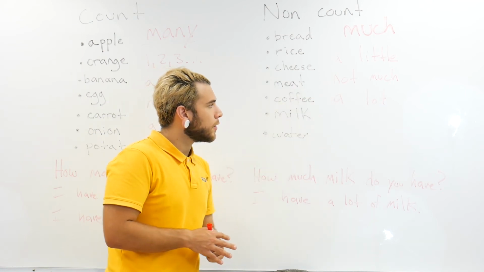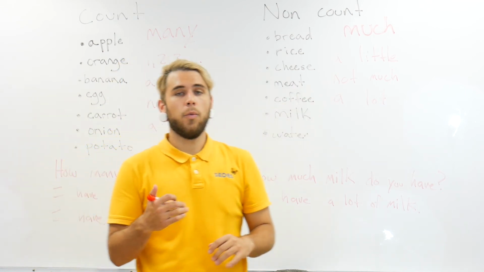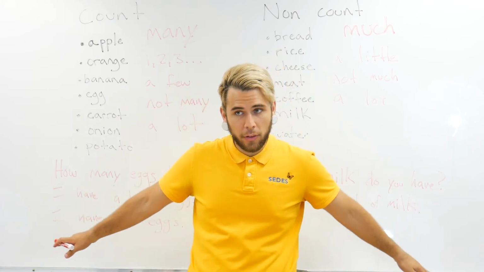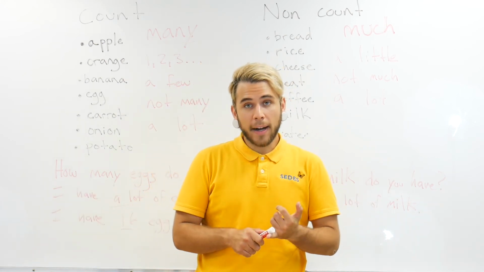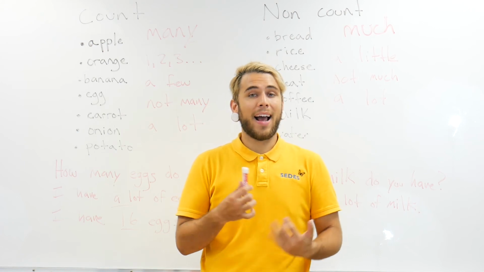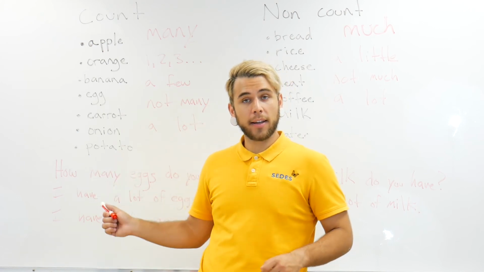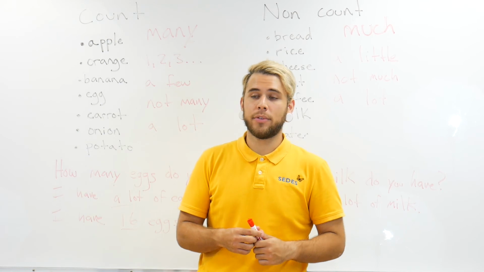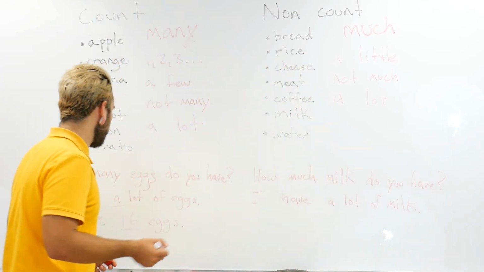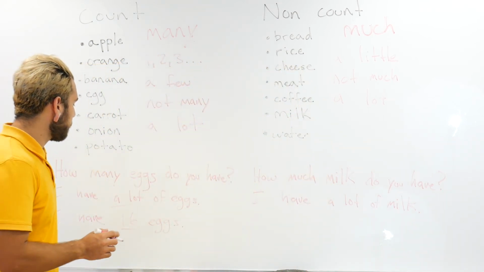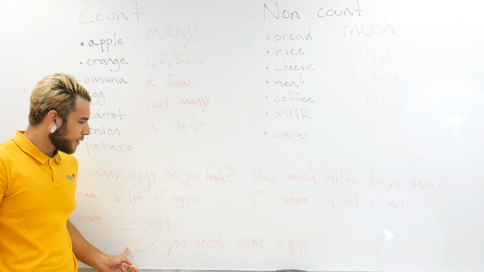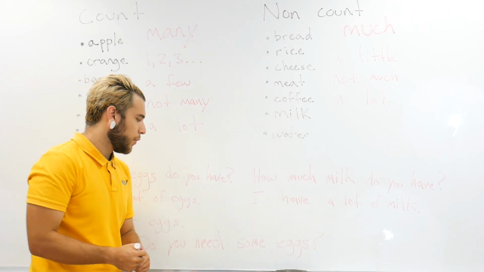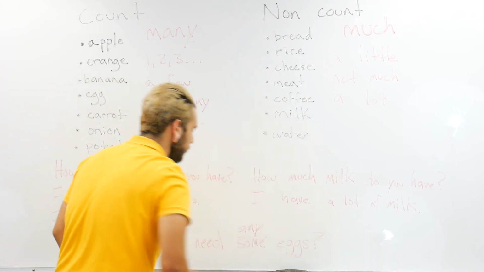There are 2 words you can use for both count and non-count items when asking a question: some and any. So a question like that would be, let's say, do you need some eggs? You can use some, or you can use the word any.